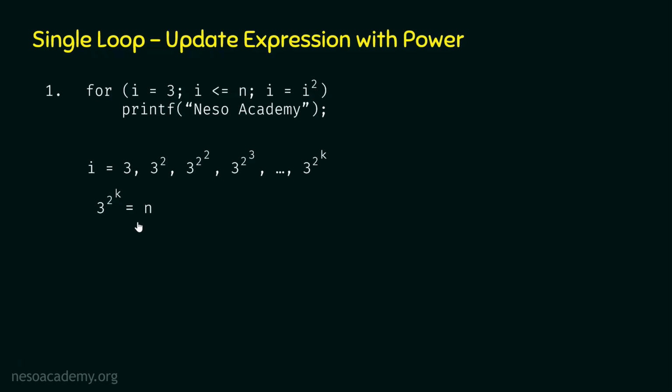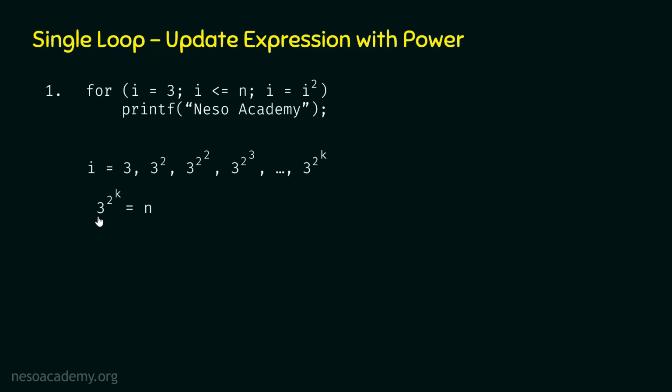In this equation, we can observe in the left-hand side we have 3 power 2 power k, and in the right-hand side we have n. If we take log on both sides, then 2 power k will come in front of logarithm. And if we again take log on 2 power k, we will get k in front of log. So eventually we would be able to find the value of k.